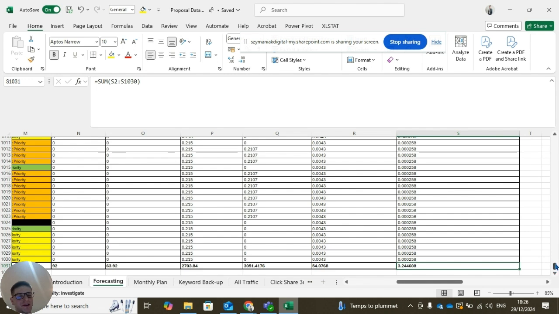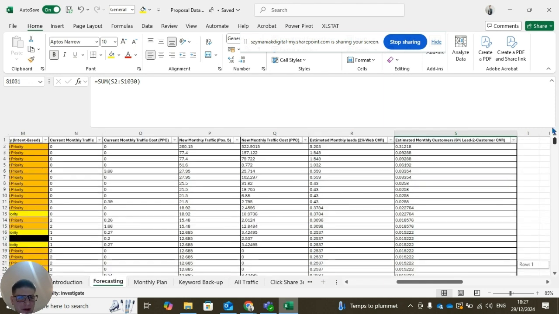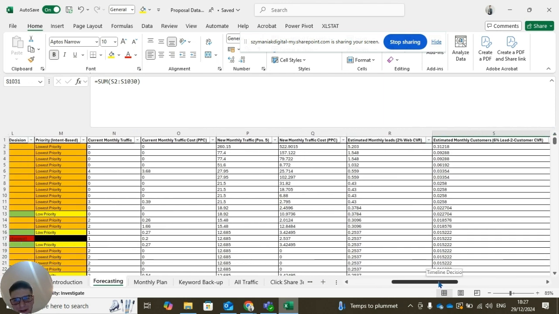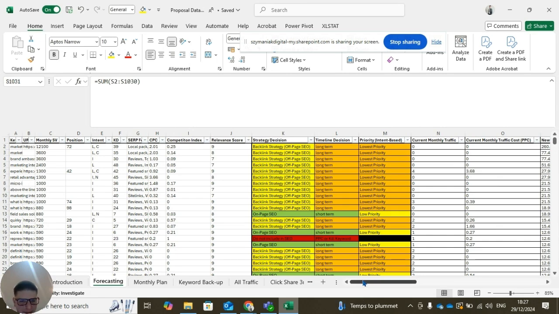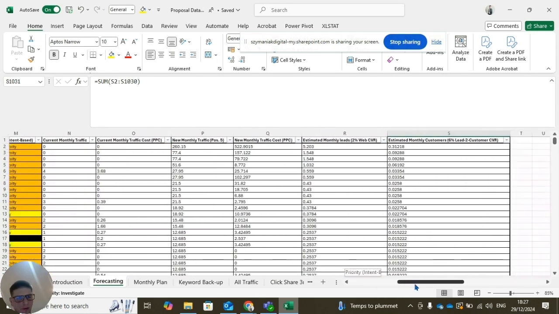Not like with an e-commerce business where you just get the customer, get the sale, and done. With a service-based business, you get to have that customer and keep that customer based on the offering. So yeah, I just wanted to show you guys my operating procedure for forecasting.